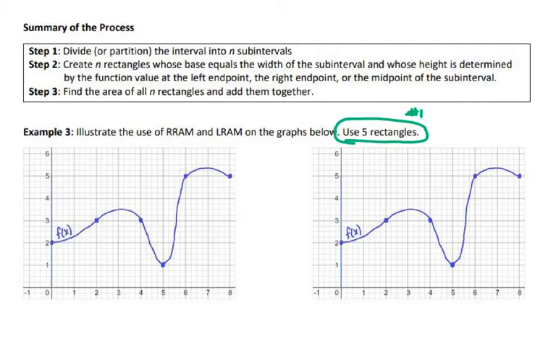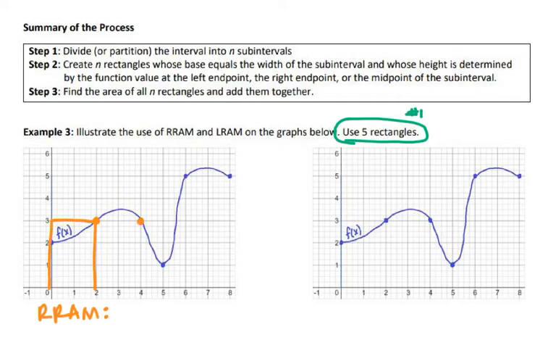What it is not flexible about is it wants us to use the right hand or the right endpoint approach first and then the left endpoint here. These are the same exact graphs, so we're going to see how those cause any differences in our areas. So to use the right rectangular approximation method, it means we're going to start the height of our rectangles on the right and then make the rest of the shape based on that.